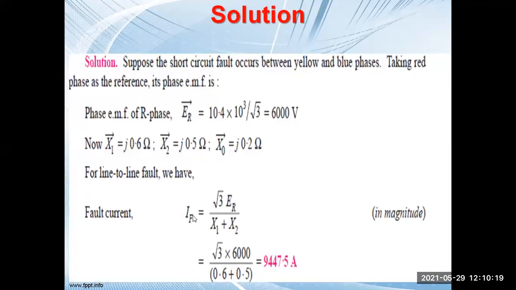Now you can remember that fault current equals root 3 ER by X1 plus X2. Anyone? For the line-to-line fault, we have derived this formula. Can you remember? Fault current.